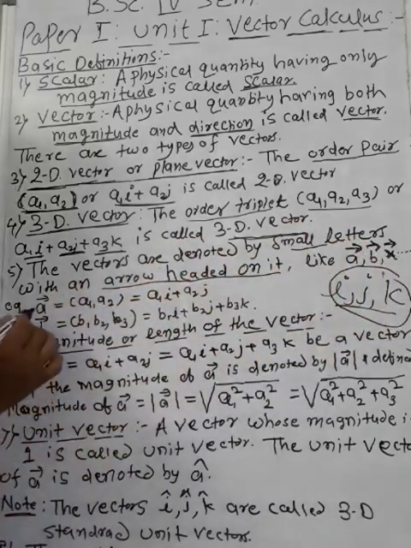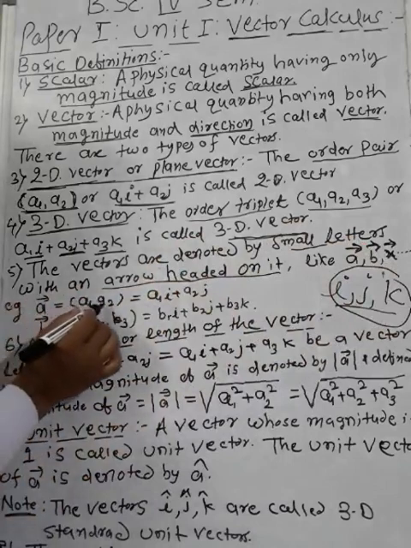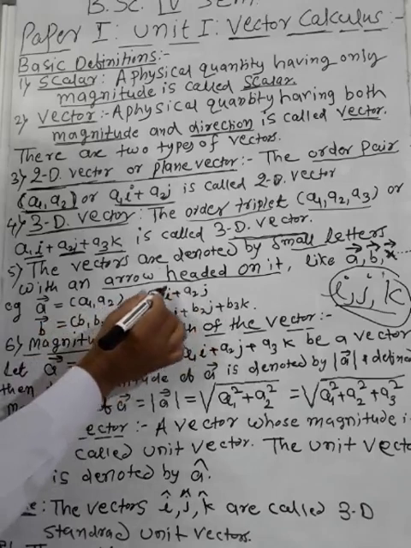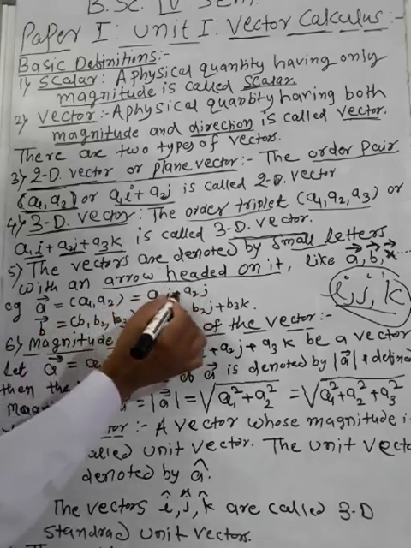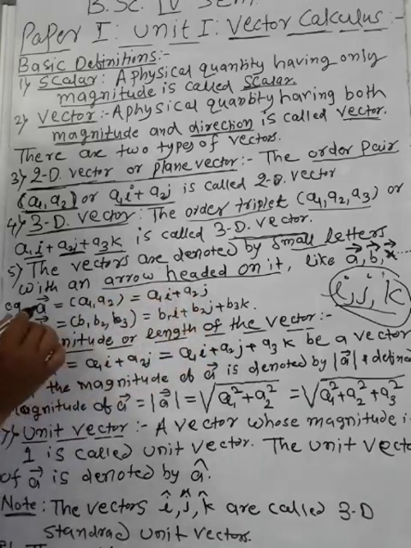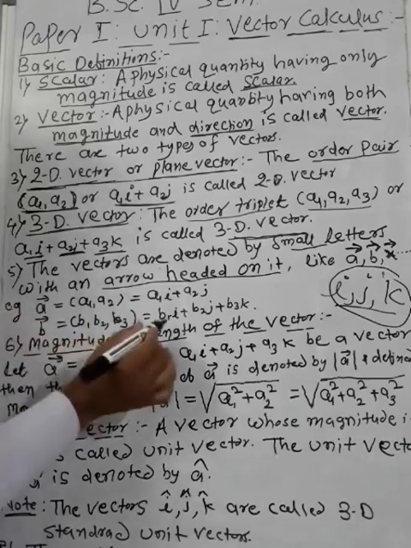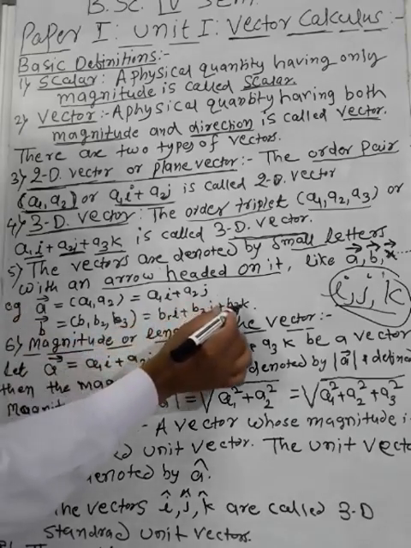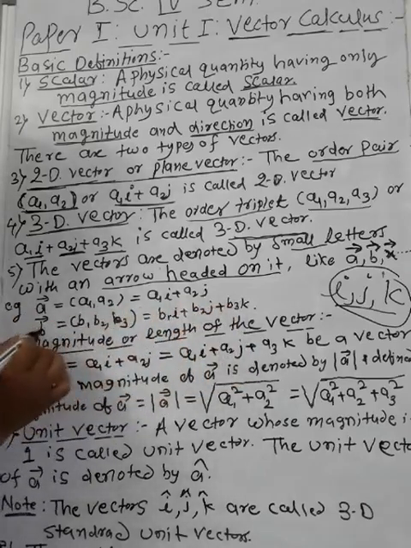For example, a is a vector a1, a2 or a1i plus a2j. That is, a1i plus a2j is a vector which is denoted by vector a. Similarly, b1i plus b2j plus b3k is a vector which is denoted by vector b.